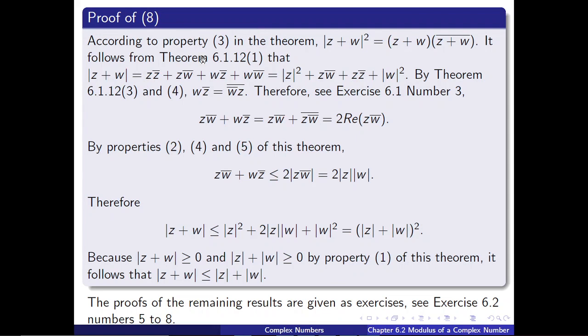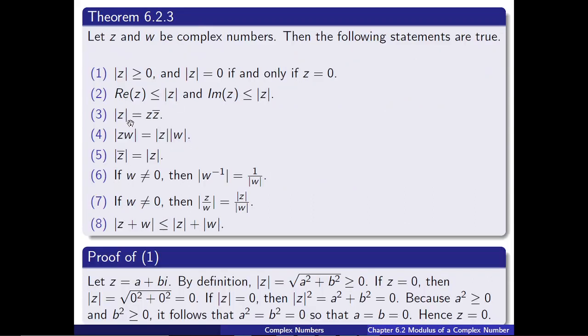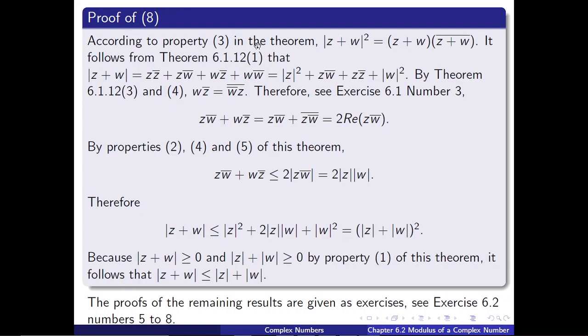So we know that according to property 3 in the theorem, the modulus of z squared is equal to z times its conjugate. So if we take the modulus of z plus w squared, we then get that.